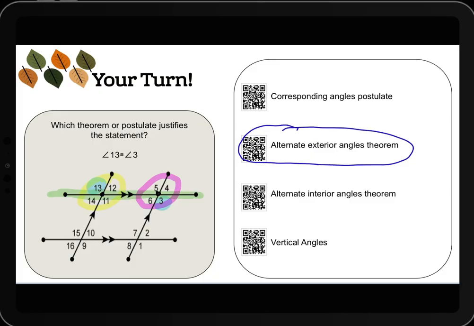We want to reference the name; it's in the name of the theorem. It's alternate exterior angles. So 13 and 3 are our angles that are alternate to each other. And then, of course, you have the parallel lines. The parallel lines in purple are those two lines right there. So that's what we want to relate first, that transversal.